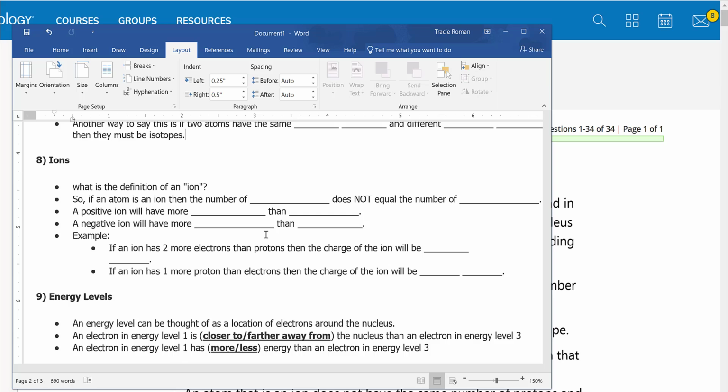A positive ion will have more protons than electrons, and a negative ion will have more electrons than protons. So if an ion has 2 more electrons than protons, then the charge will be -2. If an ion has 1 more proton than electrons, then the charge will be +1.